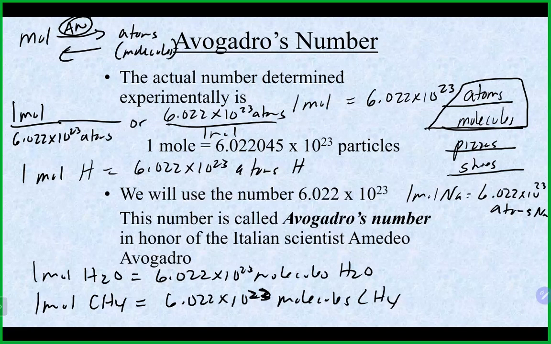You want to use Avogadro's number only if you are given a number in particles, atoms, molecules, or you're asked to solve for something in atoms, molecules, or something like that. If none of that's mentioned, you really should leave Avogadro's number on the sidelines, and you should not use it. So those are the keywords you want to look for when you're trying to determine, should I use Avogadro's number in this calculation? Any questions on that there?